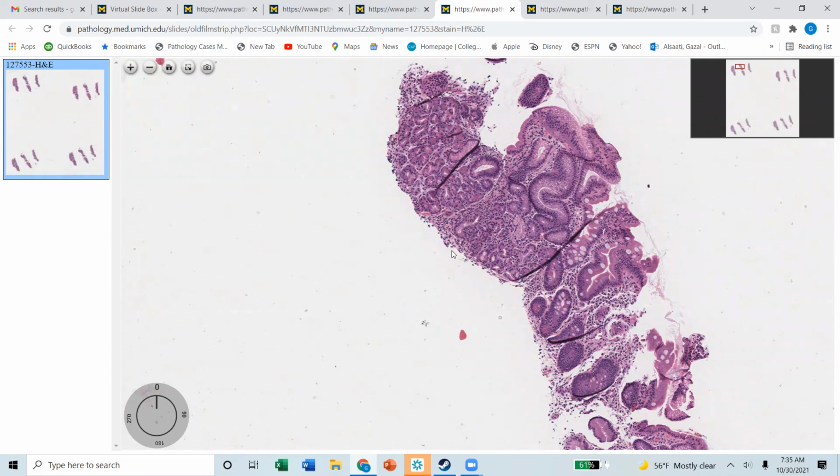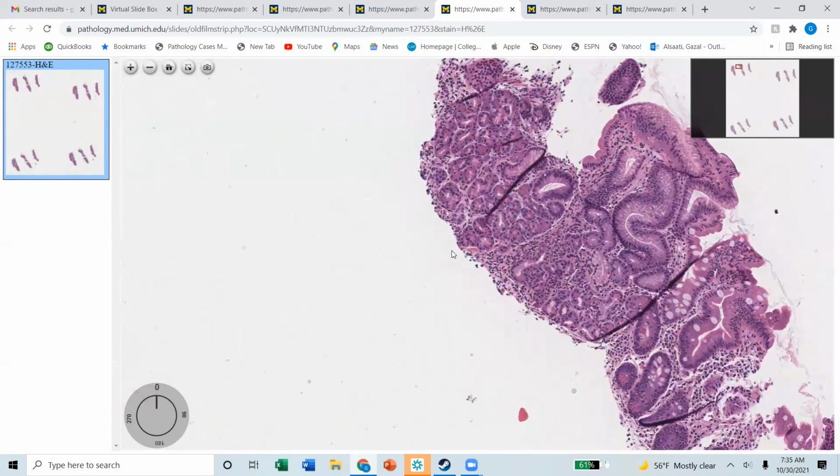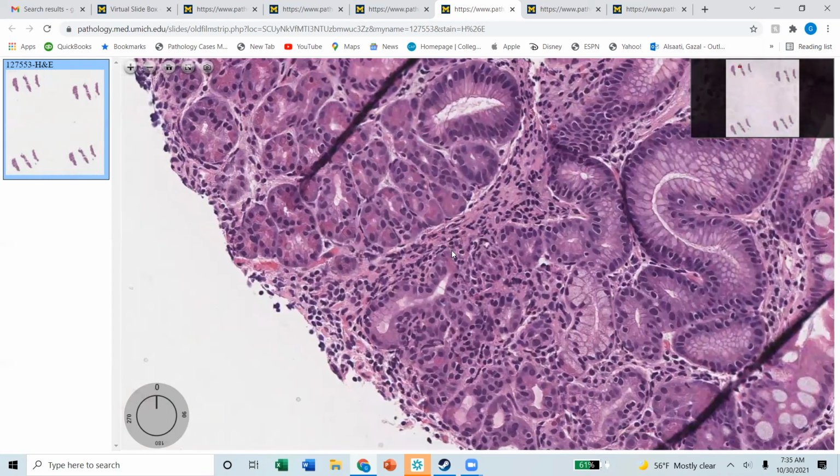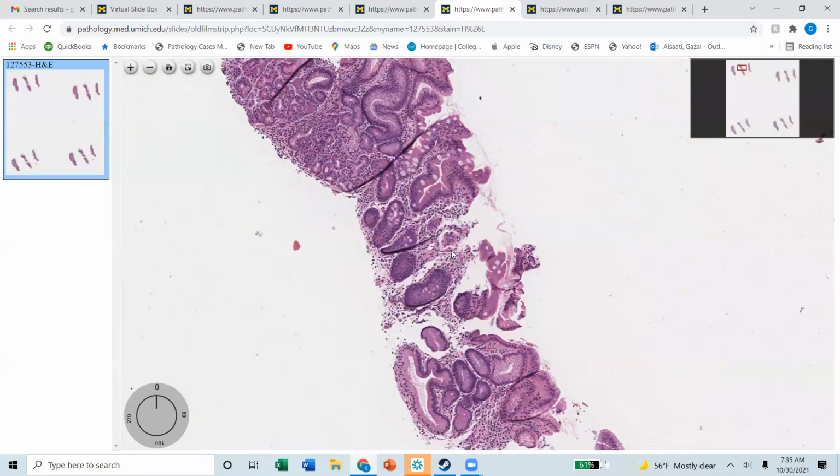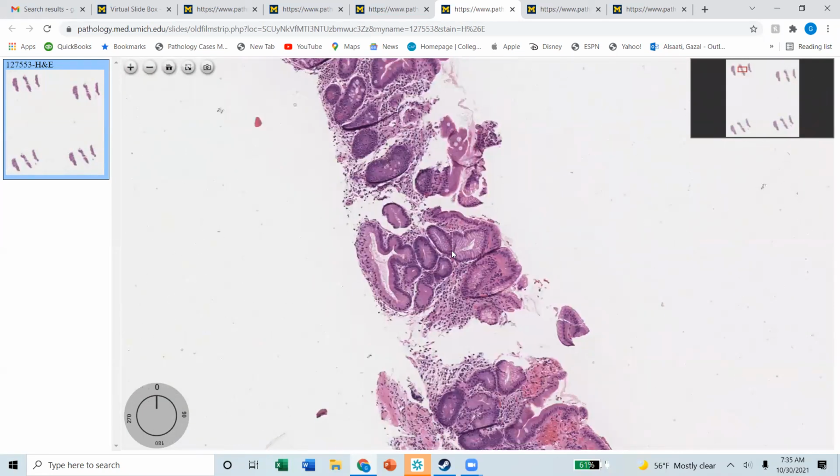That's why he wants to do a gastrin stain. But you don't have to call it antralized. I'm just doing it to make it closer to your imagination. But pretty much it is antralized because it may look to you like an antrum.